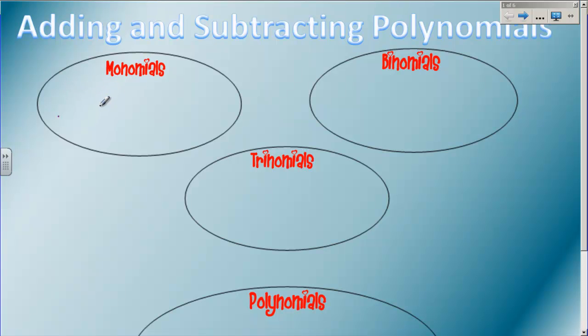Definitions really quick. Monomial is the first thing. That's how you say this word, monomial, not like the Dr Pepper commercial. Here is your definition for a monomial.